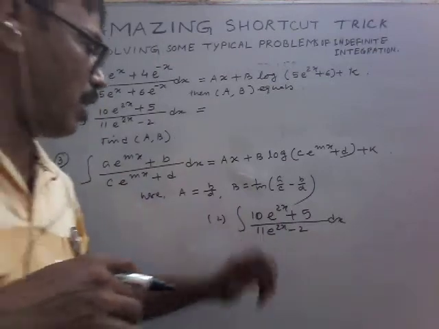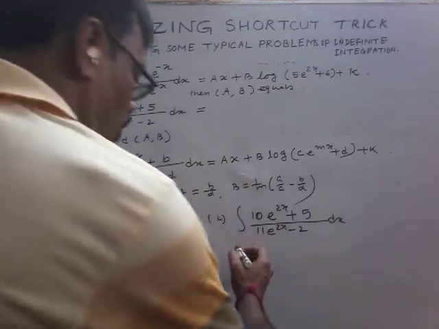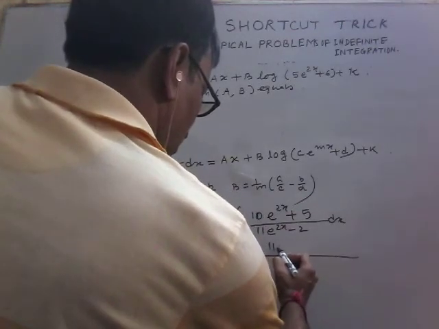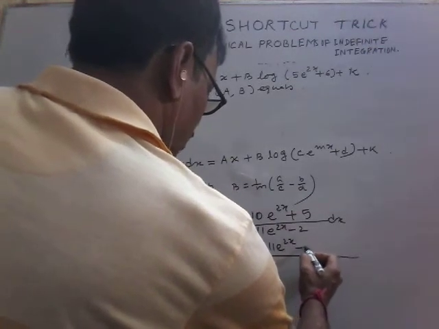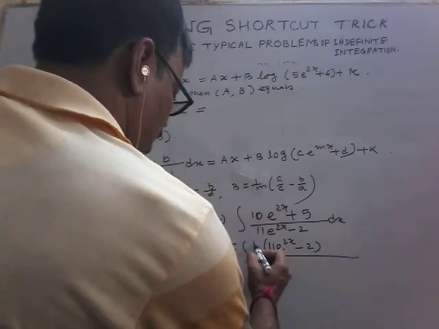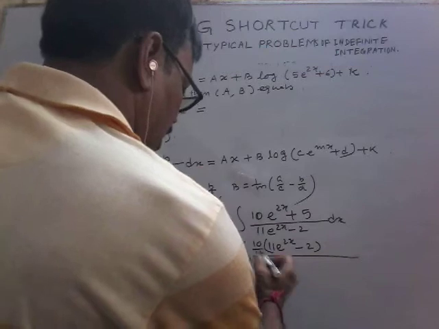To solve this type of integration, we have to express the numerator in terms of the denominator. So 11e^(2x) - 2, but the coefficient is 10, so to make it 10, this is 10 by 11.